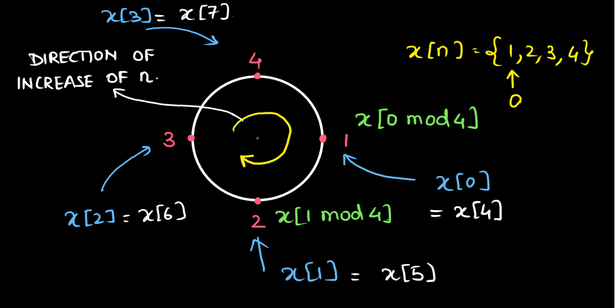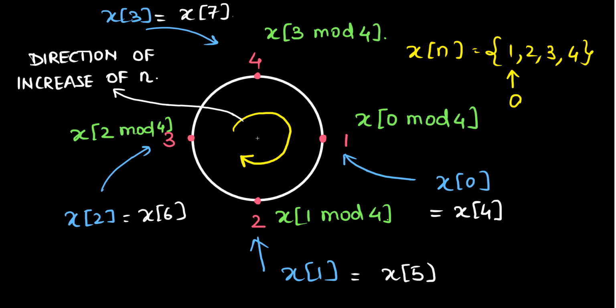Similarly, this 3 represents x of 2 mod 4, and this 4 represents x of 3 mod 4. So we can represent this signal x of n, when we find the 4-point DFT or N-point DFT, in a circular fashion, something like this.